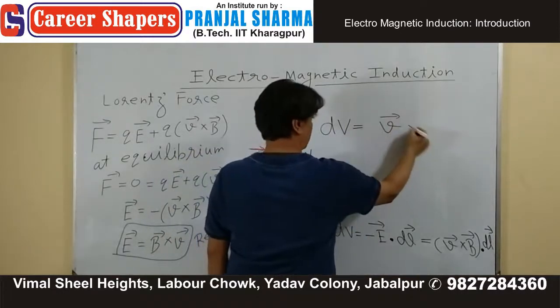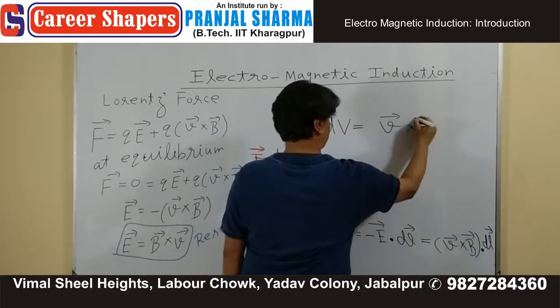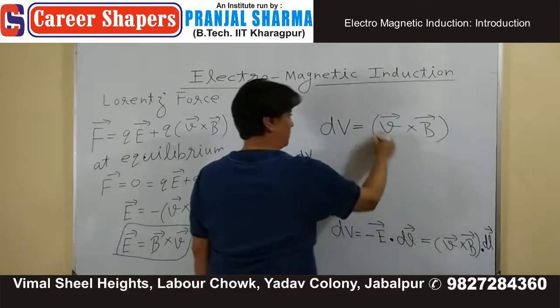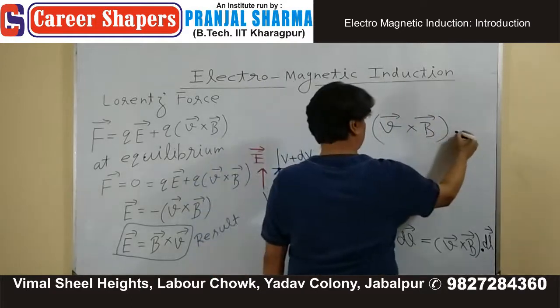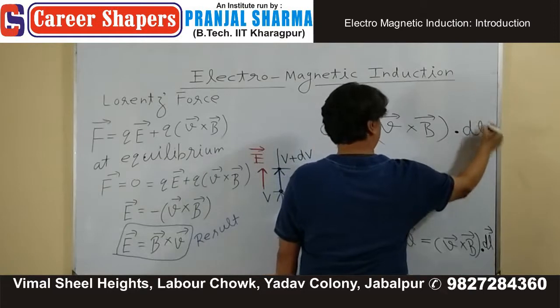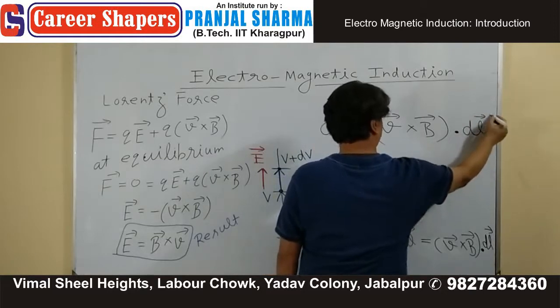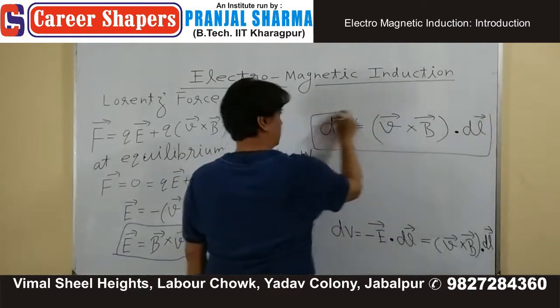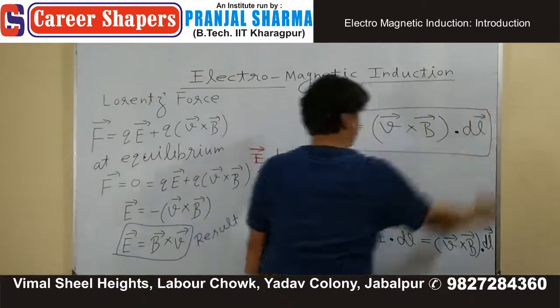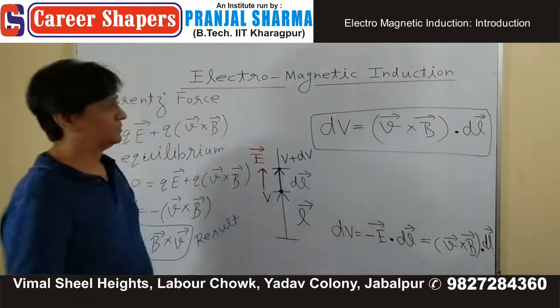V, velocity. B, magnetic field. Dot dl. Keep it inside a boundary like this.